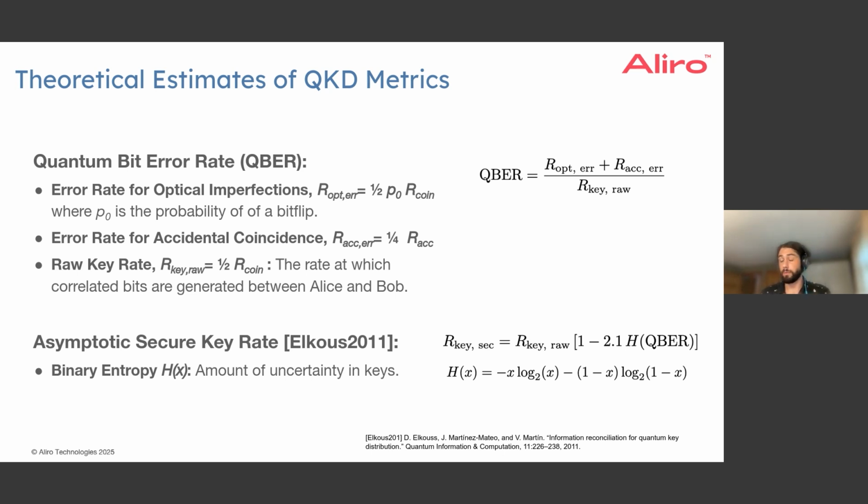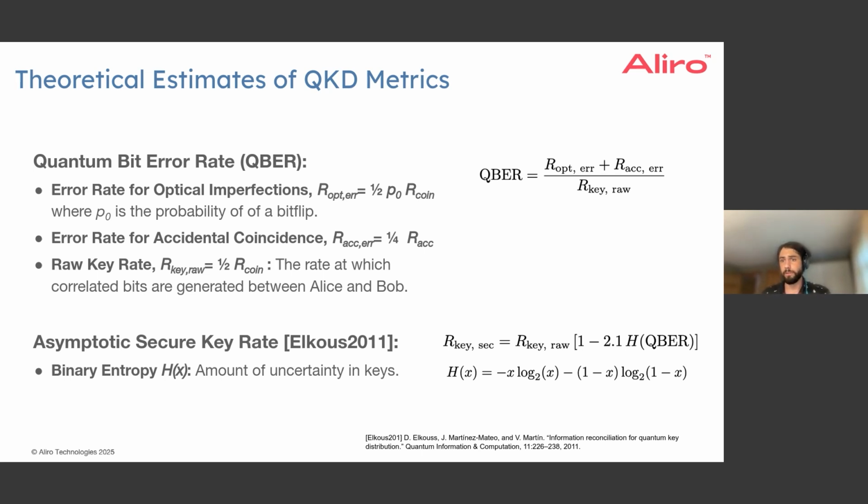Then, as I was saying before, there's also these accidental counts, which also introduce errors. And finally, we have the raw key rate, where half of our coincidences are in the wrong basis and get thrown out, while the other half are in the correct bases between Alice and Bob and are kept. So that's why there's a factor of half scaling it back.